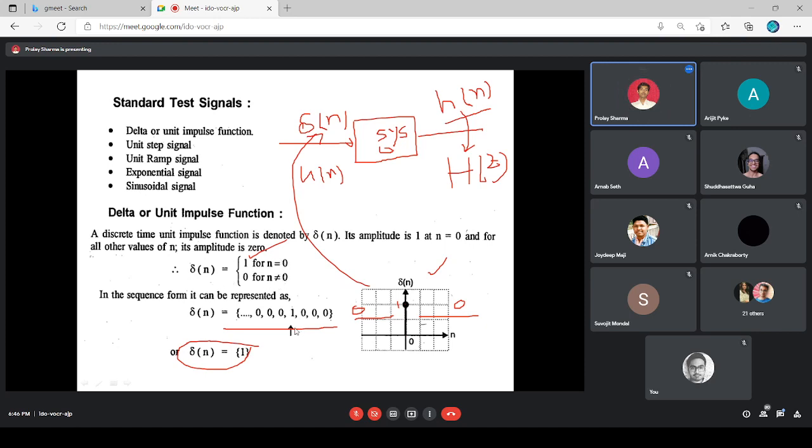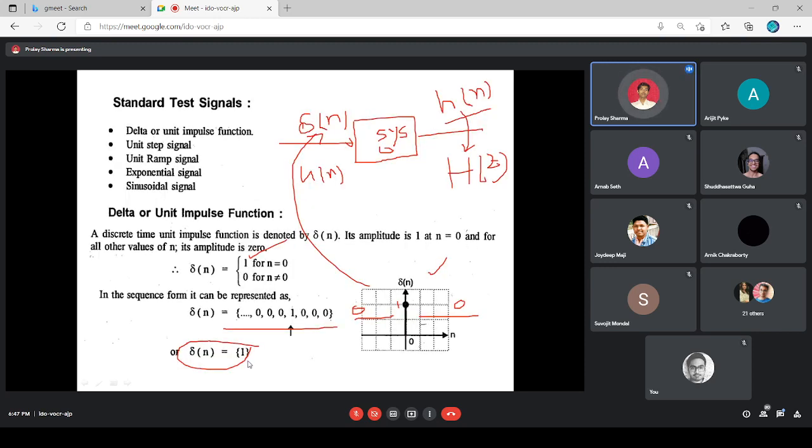If the signal is represented in sequence form, it is like this: at the origin the amplitude is 1, and for all other values the amplitude is 0. In short, it is represented by delta n.